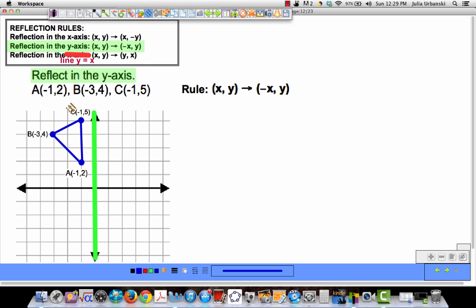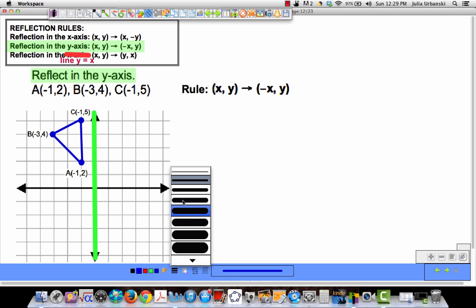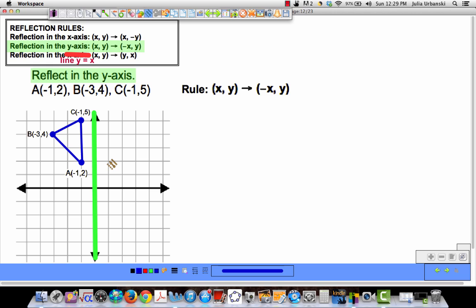Okay, so we start with A at -1, 2. If you look at it here, it's 1 to the left, so we're going to go 1 to the right. And we're going to call that A prime. That's our new point. Look at the B. The B goes exactly 1, 2, 3 points to the left, so we're going to have to go exactly 1, 2, 3 points to the right, and we'll call that our B prime.